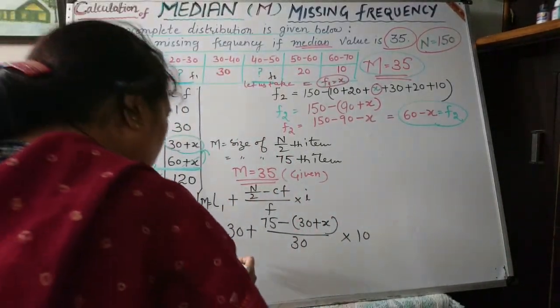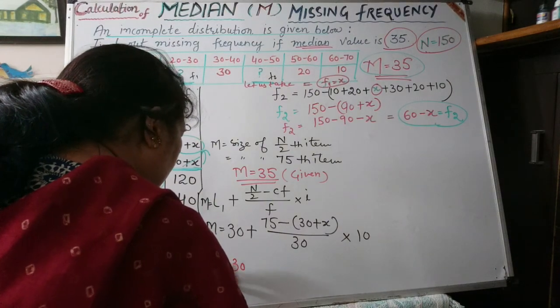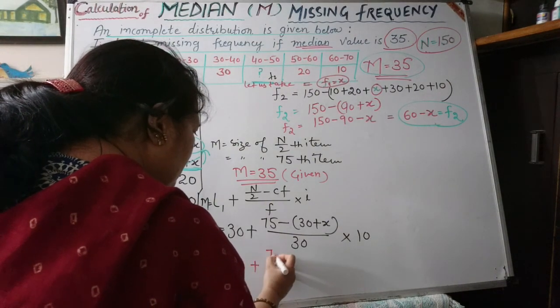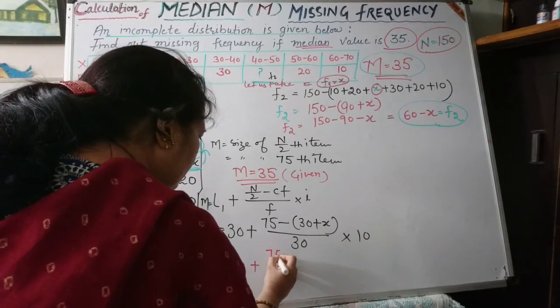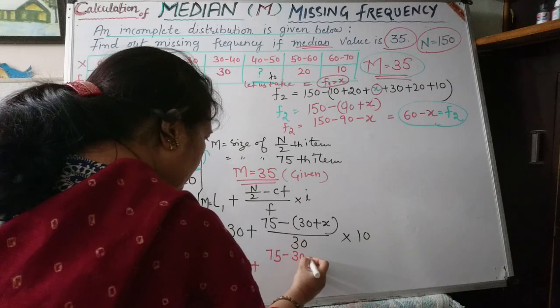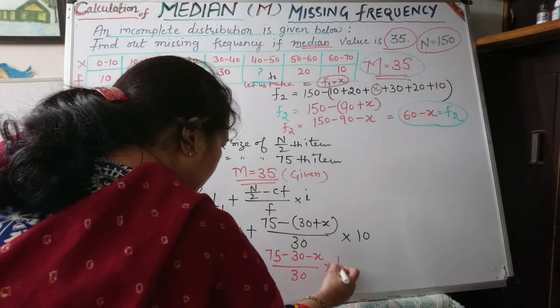So median is equal to 30 plus 75 minus 30 minus x divided by 30 multiplied by 10.